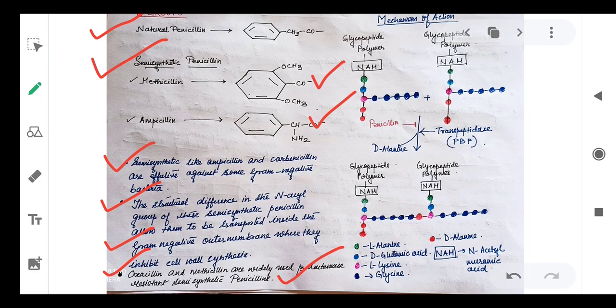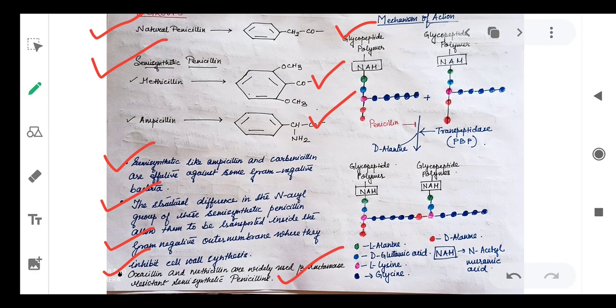So this is the mechanism of action of the beta-lactam group of antibiotics. You get to see the structure of the bacterial peptidoglycan.